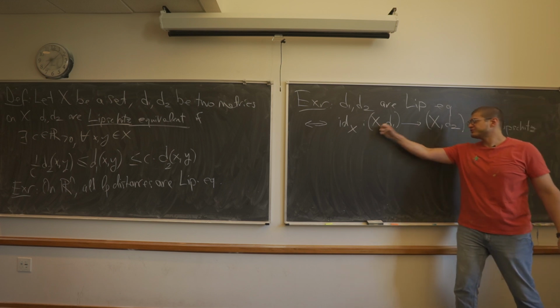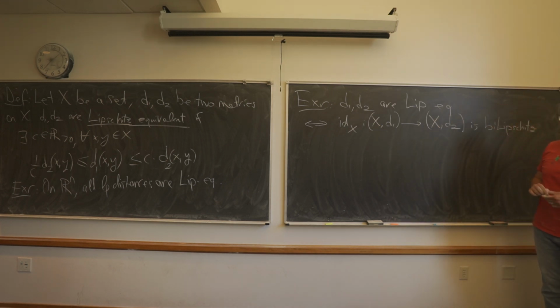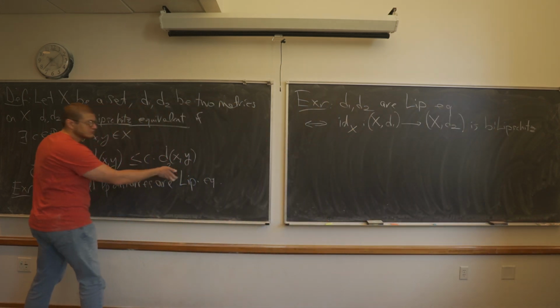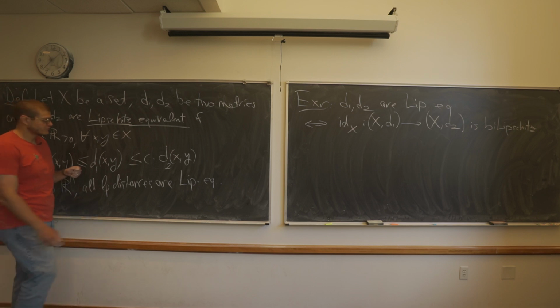So it is Lipschitz from here to there and from there to here. One of these inequalities, I mean, this isn't that complicated of an exercise. It's a logical exercise, if anything.